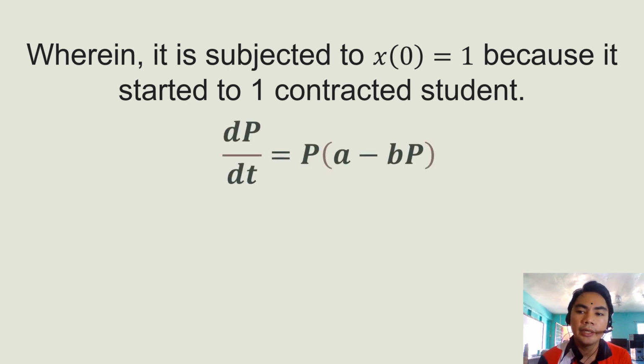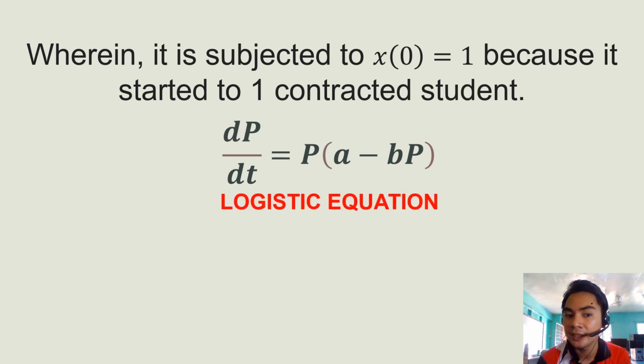Now, let's remember the logistic equation. So, we have dP over dt is equal to P quantity of A minus BP. That's our logistic equation.